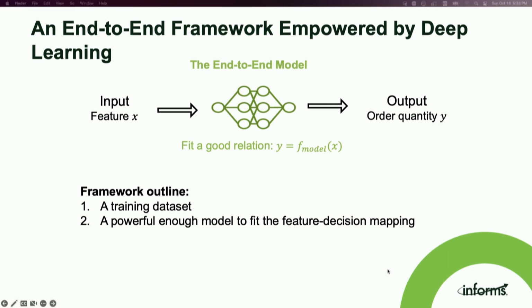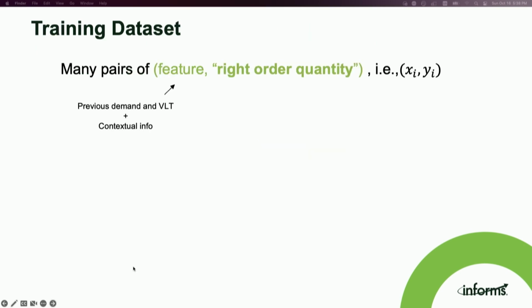To build such a framework, we need two components. First, we need a training data set. It is best to have many pairs of features and the right order quantity. Getting the features is easy.